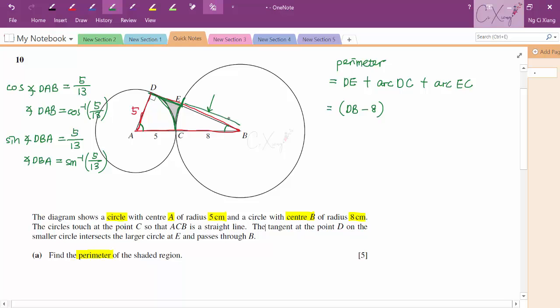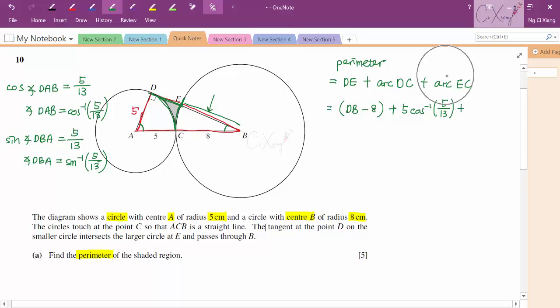So I will take DB minus 8 cm. Now I will start to calculate the arc DC. So the arc DC is r theta. R for the smaller circle will be the 5, right? And theta means angle DAB. Therefore, I will have r theta, it will be 5 times cos inverse 5 over 13.